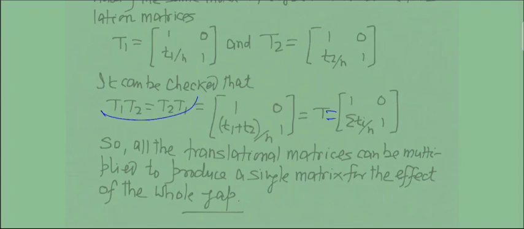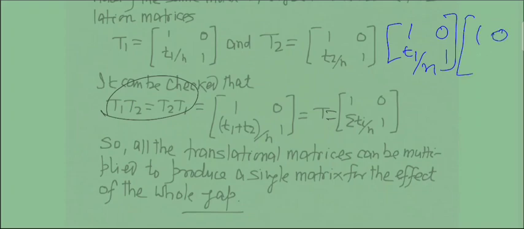So how can we check this? Just apply the matrix rule of multiplication. Just write these two matrices side by side. So I write them side by side. Okay. Now just multiply term by term.